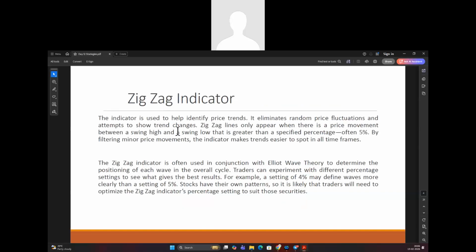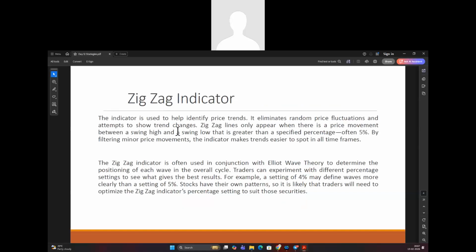Zigzag lines only appear when there is a price movement between a swing high and swing low that is greater than a specified percentage, often 5%. By filtering minor price movements, the indicator makes trend easier to spot in all time frames.